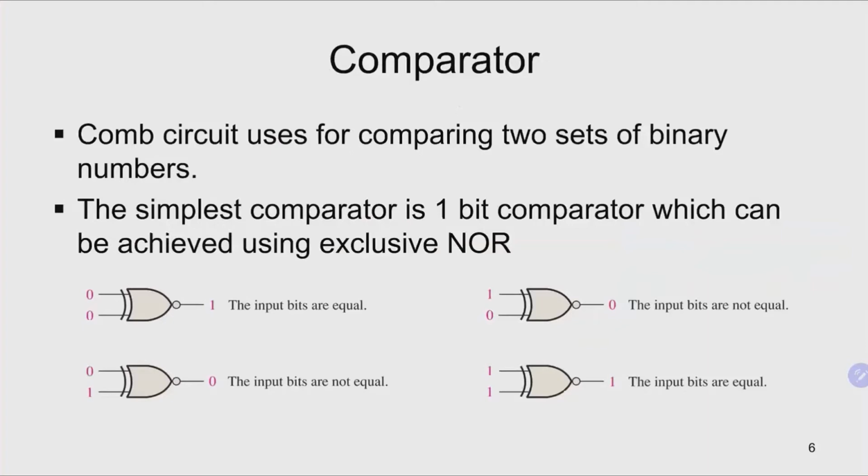In this case, the simplest comparator can use an exclusive NOR gate. We know the exclusive OR truth table: 0, 0 gives us 0; 0, 1 gives us 1; 1, 0 gives us 1; 1, 1 gives us 0.